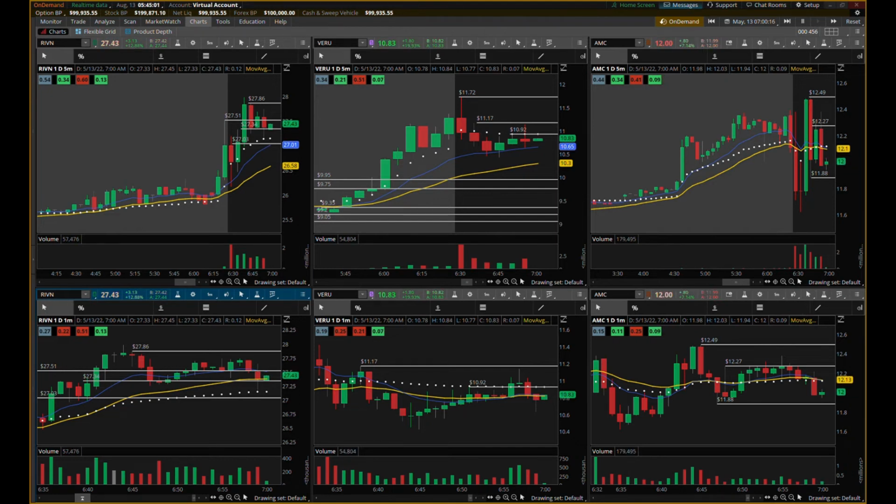Now you do have increasing volume on that red candle pullback, but sometimes a high volume candle on a drop like that can mark the bottom. $0.21 on that.